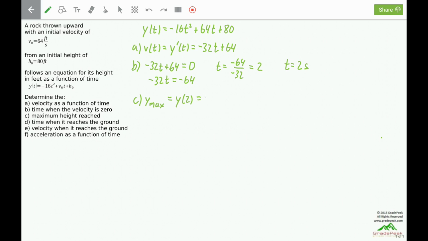Plugging 2 into the position function, we will have negative 16 times 2 squared plus 64 times 2 plus 80, which gives us negative 16 times 2 squared, which is 4, plus 64 times 2, which is 128, plus 80.